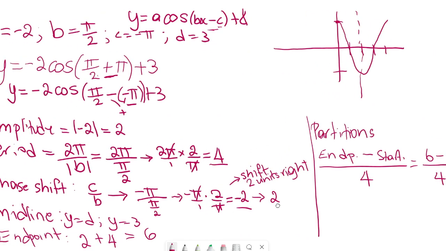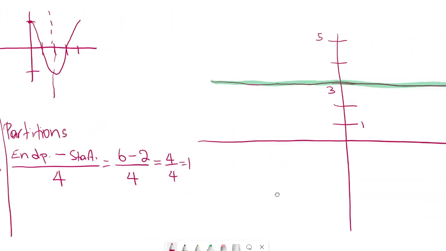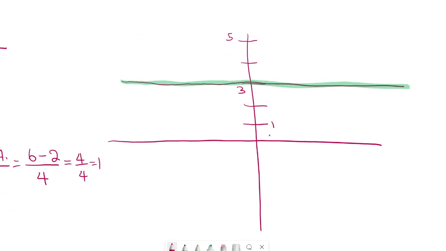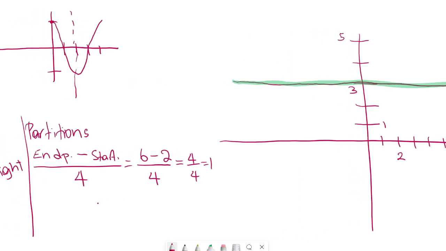So far, so good. We also identified that the phase shift was -2, so we go 2 units to the right. This graph is starting at 2, and we said we're ending at 6. So I'm starting here, 3, 4, 5, and I'm ending here. We can calculate the partitions. Here it would be 2 plus 1, which is 3. That's the first point.